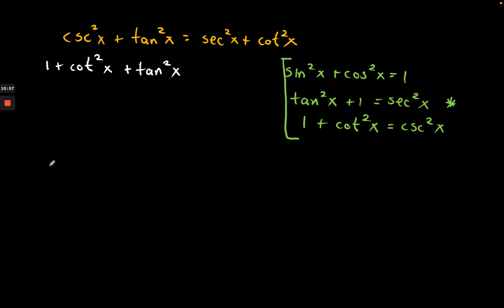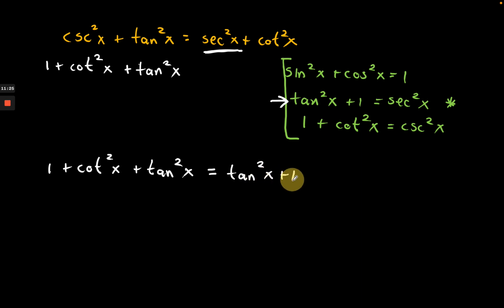Let me move down here where I have more room. I have 1 plus cotangent squared x plus tangent squared x, right? So I'm not going to substitute in that tangent squared x. I'm going to work with the other side now. And what does secant squared x equal? Well, look at that. Secant squared x is tangent squared x plus 1.